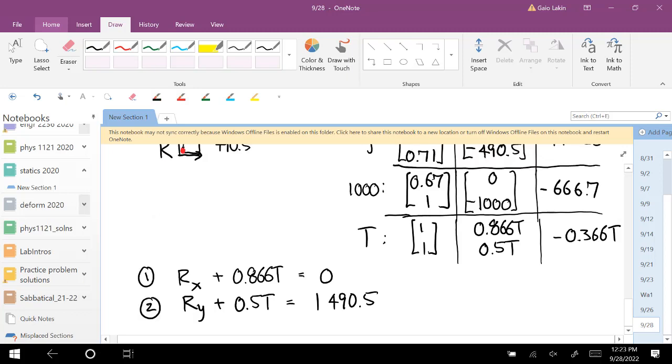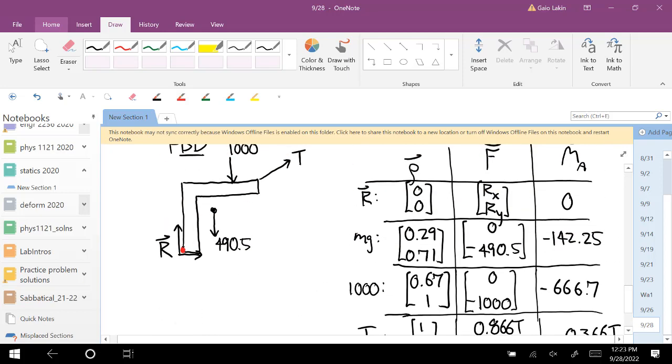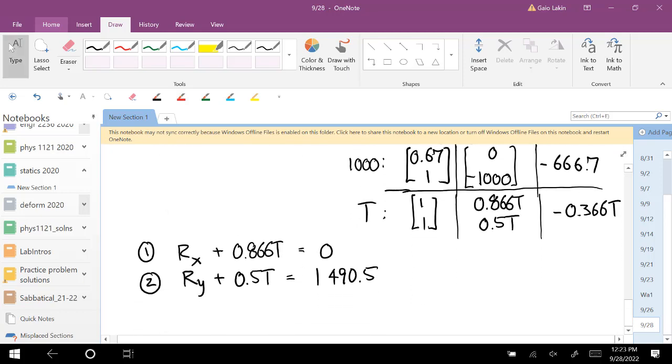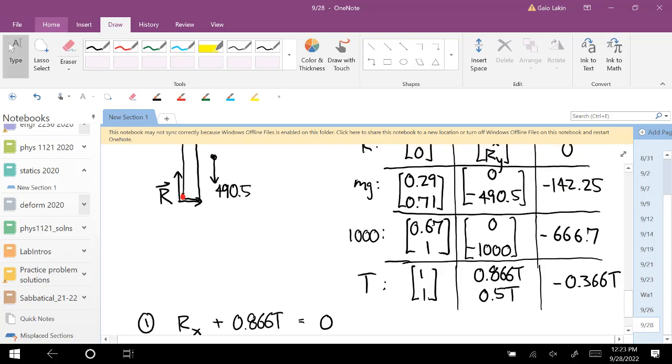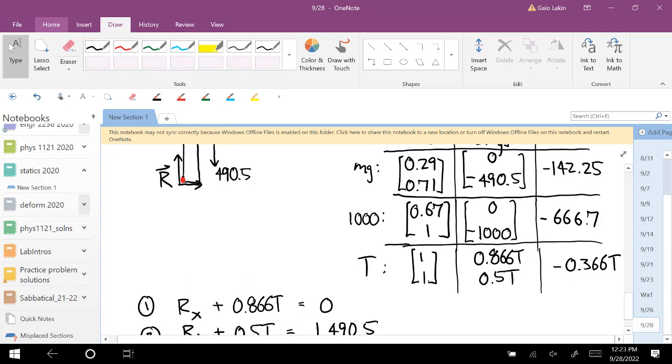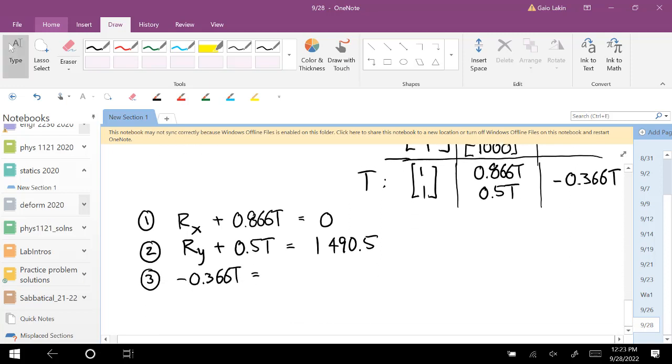That's the second equation. And then the moment equation says negative 0.366 T is equal to about 808.95.